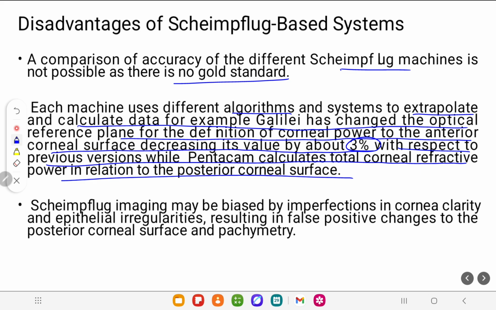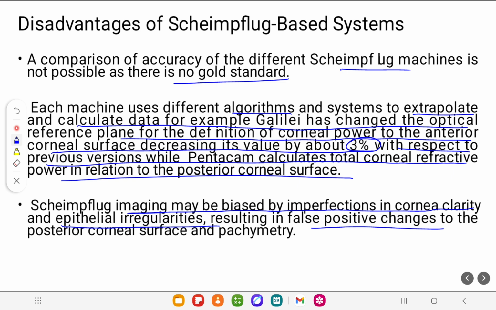Scheimpflug imaging may be biased by imperfect corneal clarity and epithelial irregularity, and such a result can be a false positive. It always happens. If the cornea is scarred, you will find the posterior elevation difficult, and the posterior elevation value is not reliable.